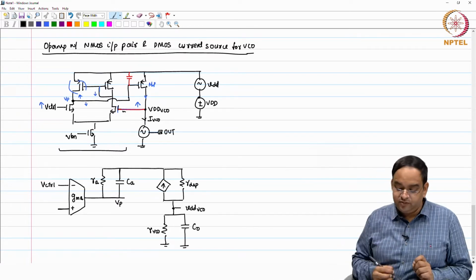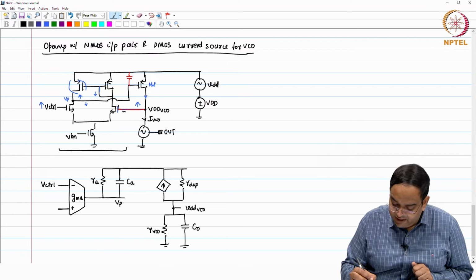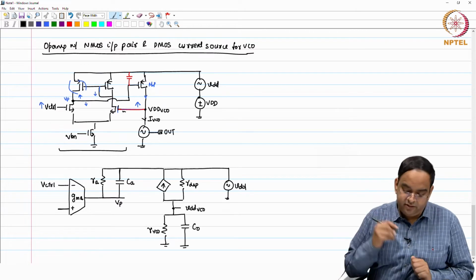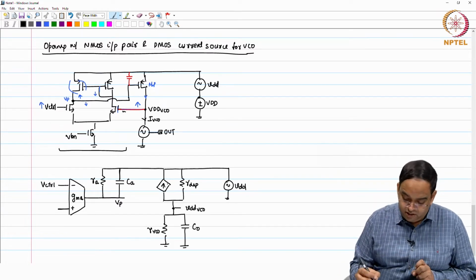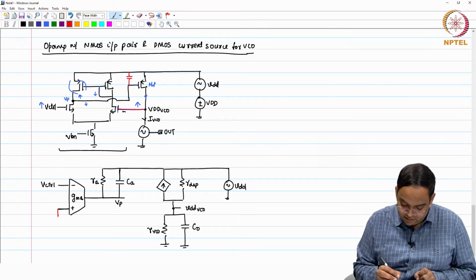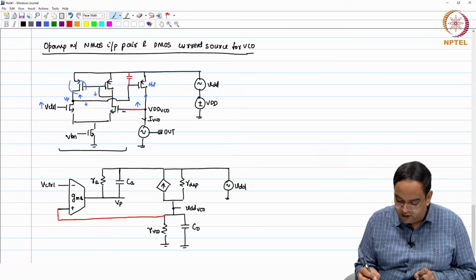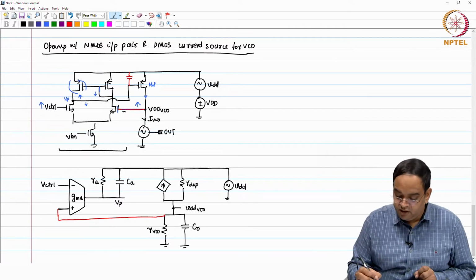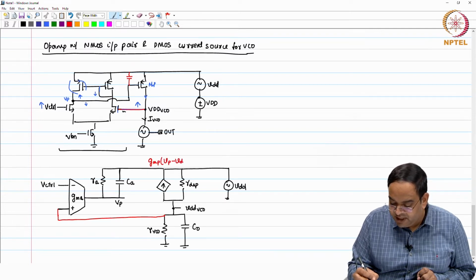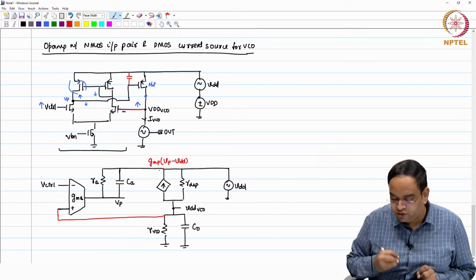So, I will just write a small VDD VCO, and then you have the supply noise which is modeled like this VDD here. This connects to the VDD VCO here. So, this is our feedback. This current source is GMP times Vp minus VDD, because this is the source node.